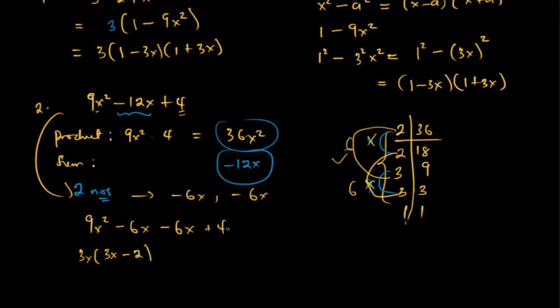And then what's common here is negative 2, into 3x. You should always watch out: whenever you have a negative sign here, the sign inside changes. Since it's a positive sign here, we're going to have a negative sign there, which is 2.